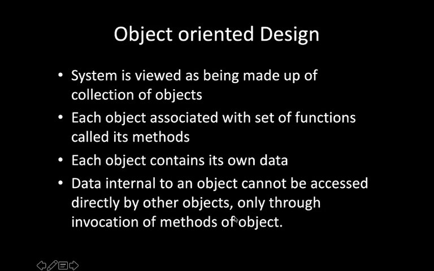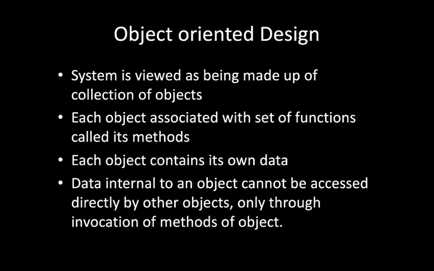Data internal to an object cannot be accessed directly by other objects. It can be accessed only through invocation of methods of the object. That is, if some data is available for an object, that data cannot be accessed directly by other objects. So if we want to access data of some object, then you have to call a method of that particular object.